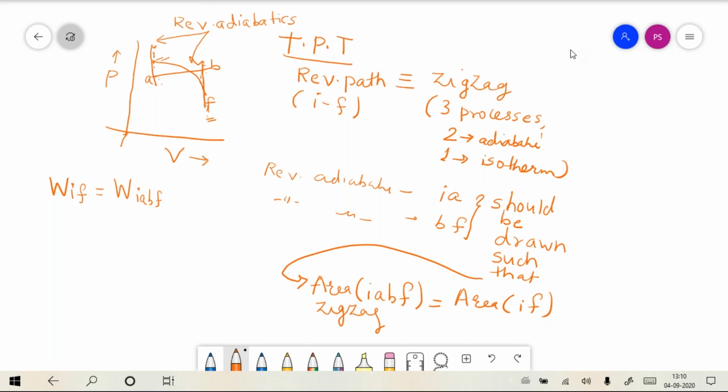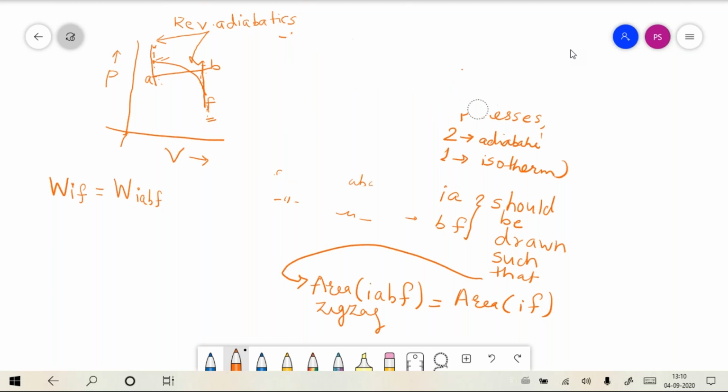Now let me rub this first. And now I am going to apply the first law of thermodynamics to the reversible process I2F. Now it is clear.